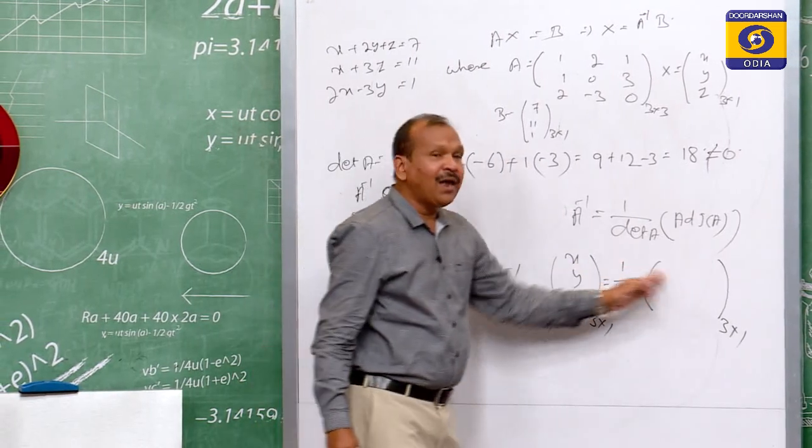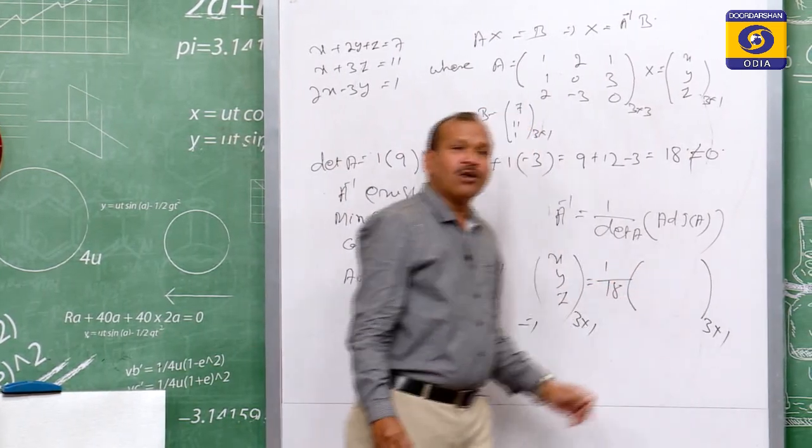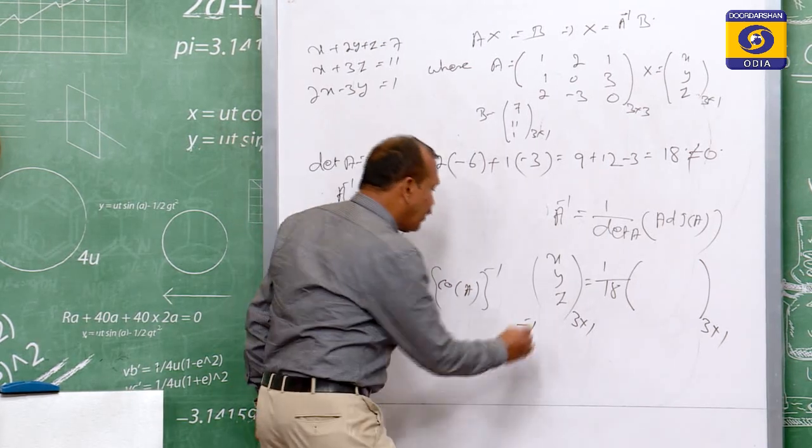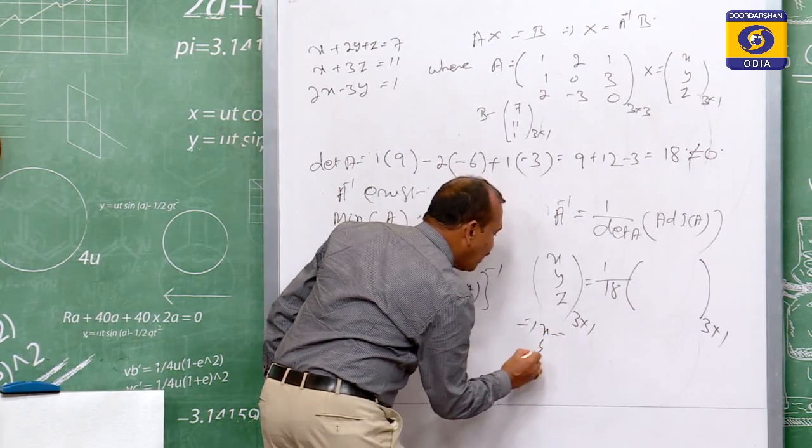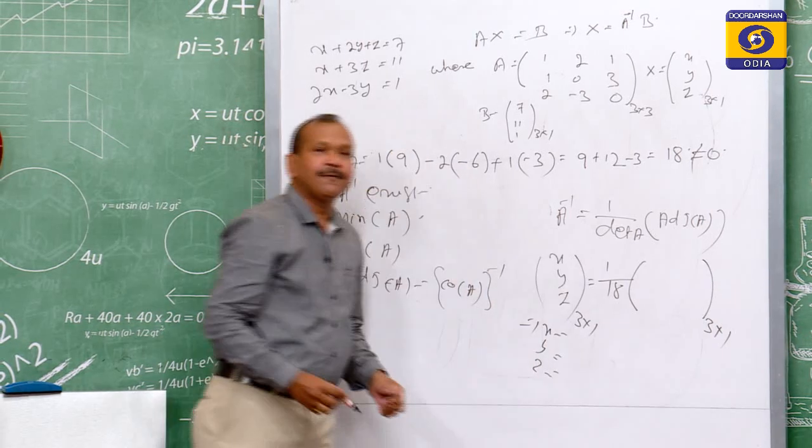Two matrices are equal, that means the corresponding elements are equal. So easily we can find the values of x, y and z.